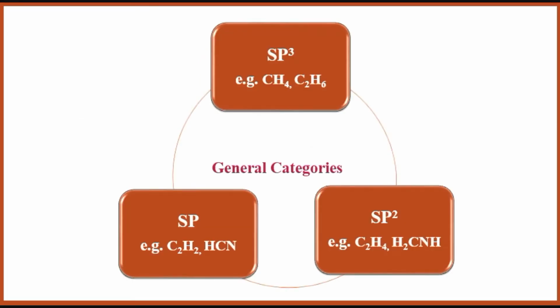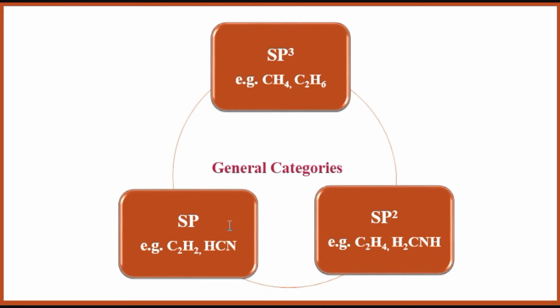So now the main categories of hybridization are sp3 hybridization, where the alkanes follow this category of hybridization. And our next category is sp2 hybridization, where alkenes and alkyl amines would follow this category of hybridization, that is sp2.